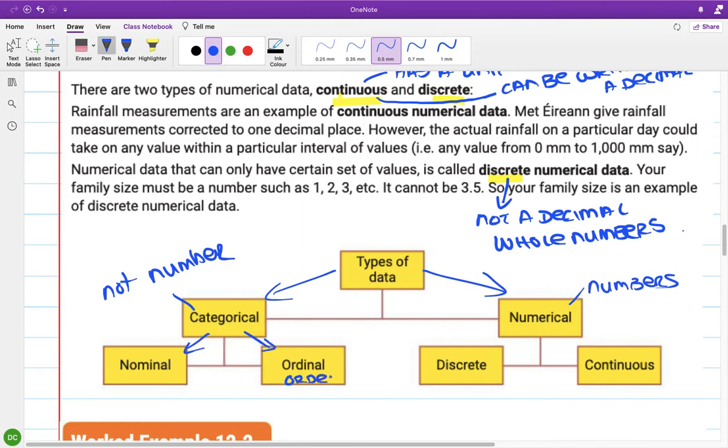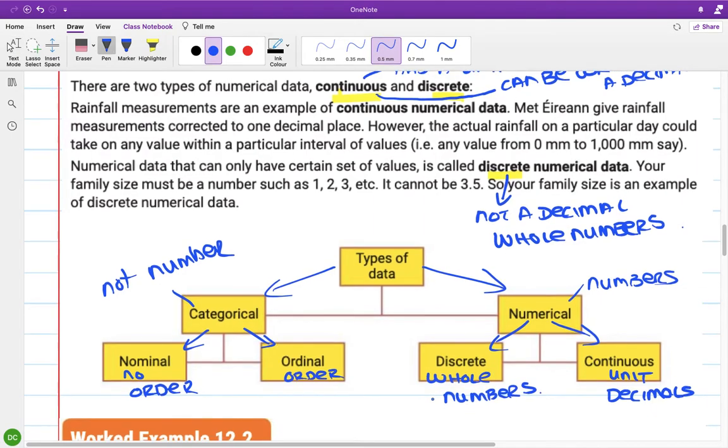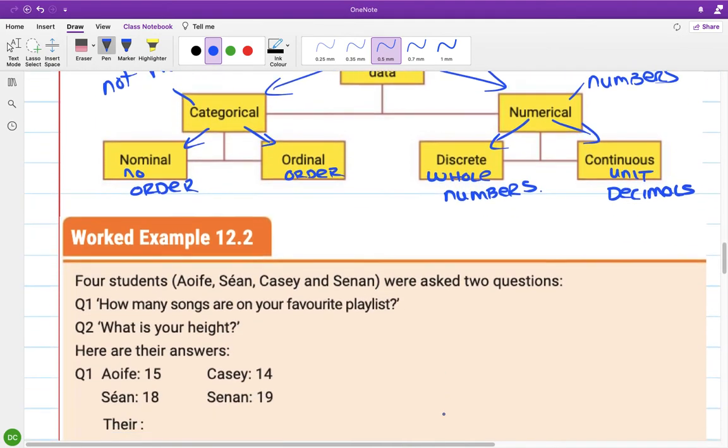Ordinal is when there is an obvious order, and nominal is when there's no obvious order. Numerical can be split up into 2. Continuous numerical data have units, and they can be decimals. Discrete generally are whole numbers. Okay, and you need to know and be able to describe all of those.